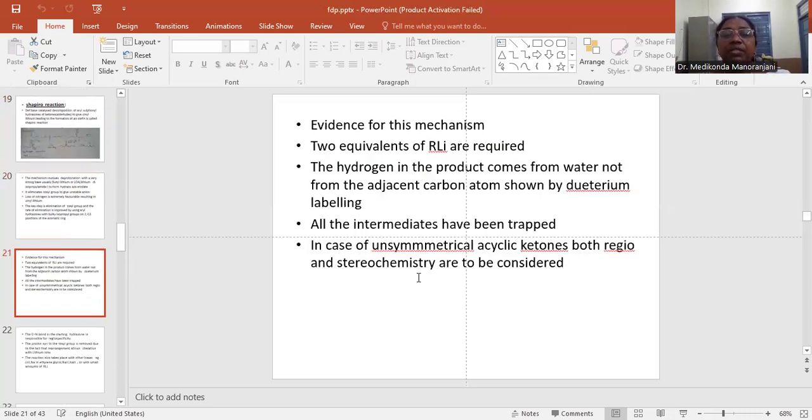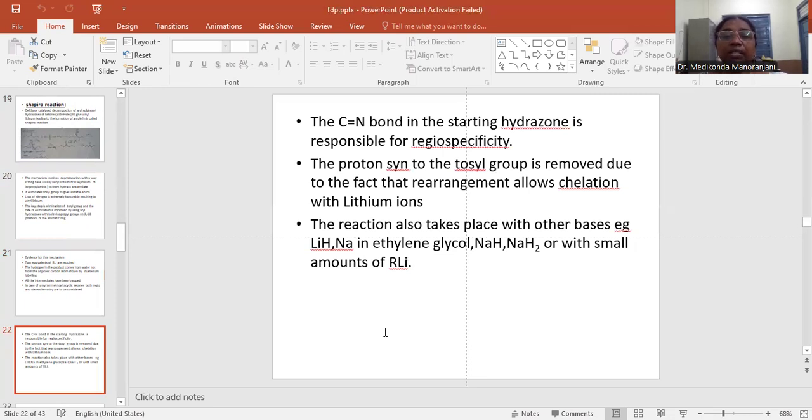Now, evidence for this mechanism. Two equivalents of RLi are required. The hydrogen in the product comes from water, not from the adjacent carbon atom, as shown by deuterium labeling. All the intermediates have been trapped. In the case of unsymmetrical acyclic ketone, both regio and stereochemistry are to be considered.